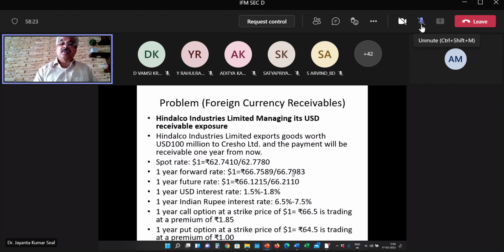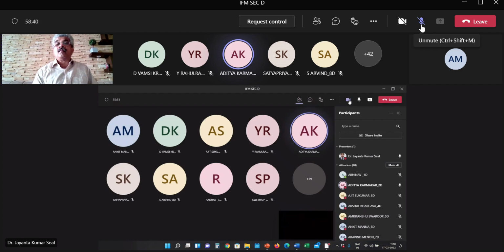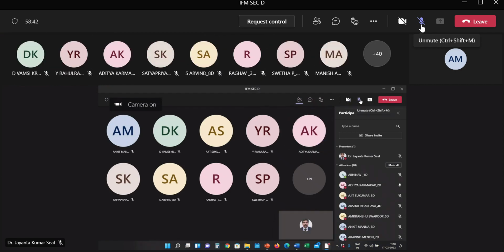I repeat, this is 64.5, this is also 64.5. Okay. So which one do you choose? So forward. Why? Because in that case, we don't have to pay the premium.